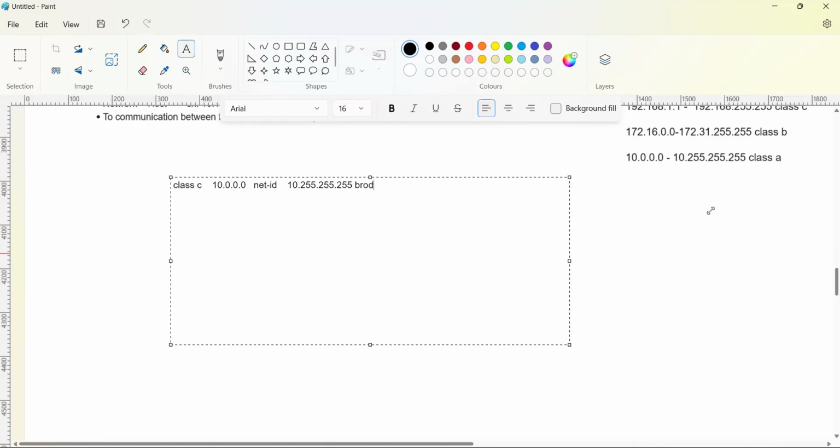Apart from that, in between, whichever IP addresses there are, 10.0.0.1 and 10.0.0.2, it will move up to 10.0.0.255.